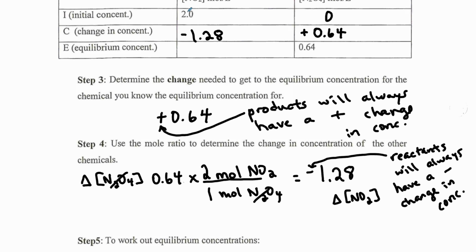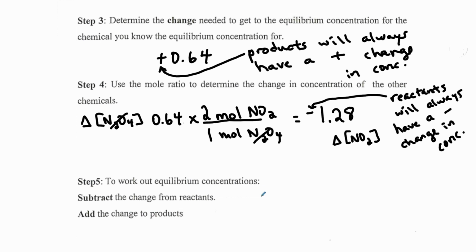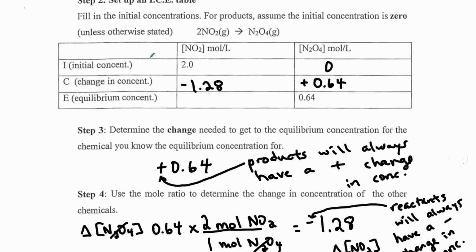So all I do is 2 subtract 1.28 to get that value. Okay, so I'm just going to go 2 subtract 1.28 equals 0.72. So that means that the equilibrium concentration of the NO2 is 0.72 moles per liter.